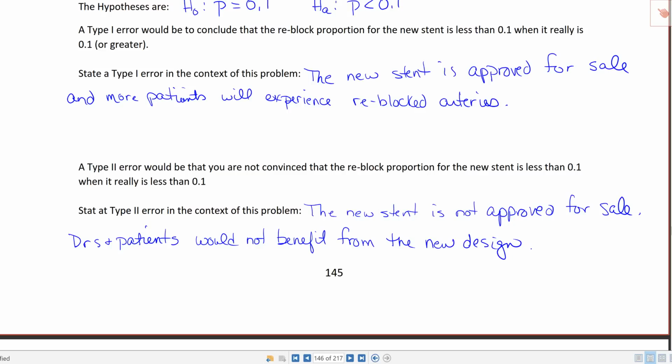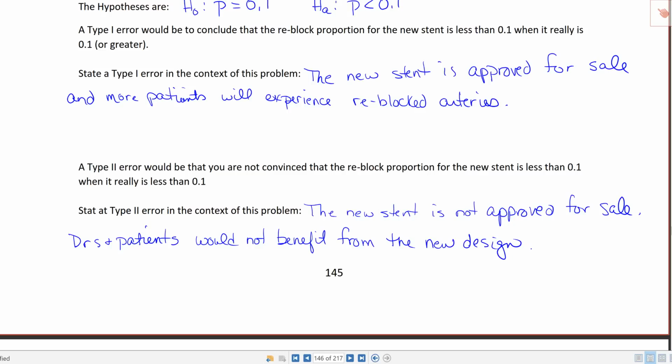But the doctors have stents that they can put in to the patients, so it might make it a little bit easier for them, but they're still capable of putting those stents in. So the type 1 error in this case, I think, is more problematic, because if they do approve this Liberté stent, doctors start using it because it is easier than the older ones, but then the patients have to come back in at a higher percent because they have reblocked arteries. Then there are a lot more consequences to that.